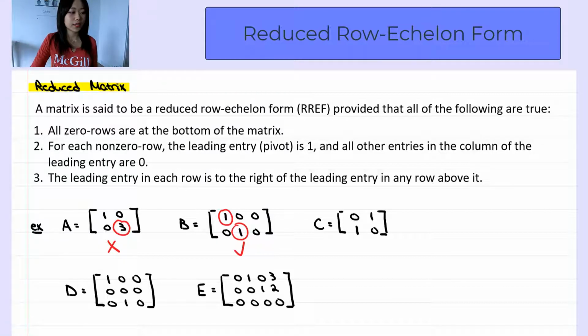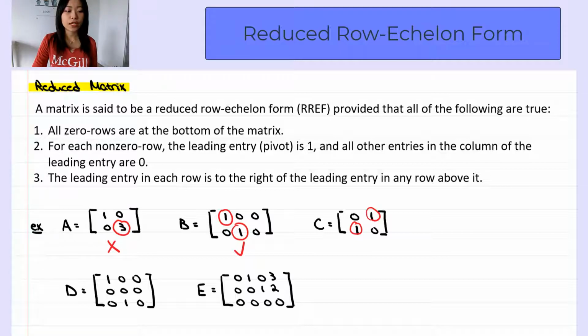How about matrix C? Matrix C does not have any 0 row, so condition 1 is met. The second condition, for each non-zero row, the leading entry is 1, and all the other entries in the column are 0. So the second condition is met. However, the third condition is that the leading entry in each row is to the right of the leading entry in any row above it.